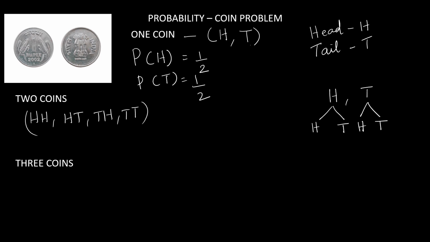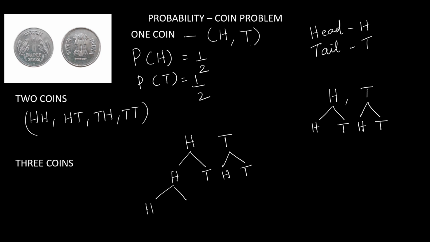So when three coins are tossed, how will we write? You write the first two coins, H, T. Then for each, you will get H, T. When you get H in the second coin, you will get H, T in the third coin.